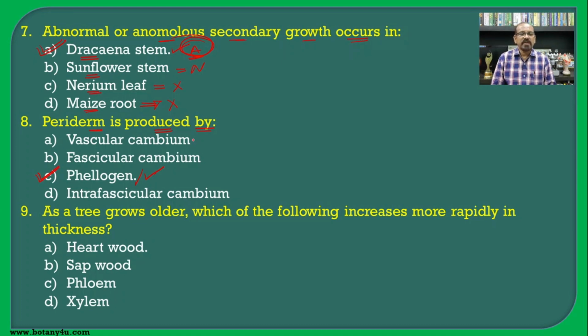The fascicular cambium or the vascular cambium, both are the same, and they are responsible for the secondary xylem and secondary phloem. Even the intrafascicular cambium is also one example of the fascicular or the vascular cambium.